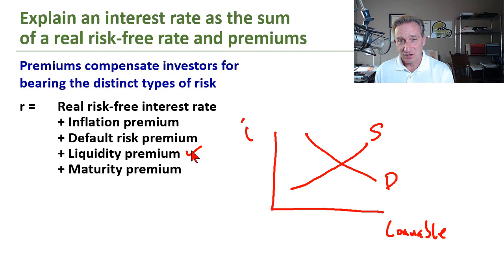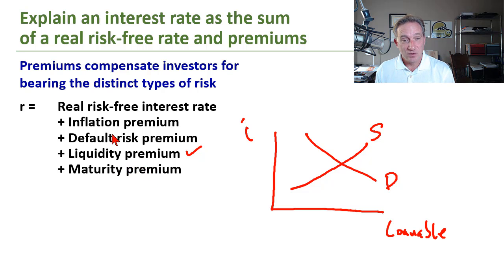If you can convert to cash quickly, then you have liquid assets. If it takes time for you to convert your assets like the bond to cash, you're not as liquid, you're illiquid. Or put another way, if you've got my bond and you need to convert to cash quickly and you need to do a fire sale, you need to take a discount on it, that's also not good liquidity, that's illiquidity.